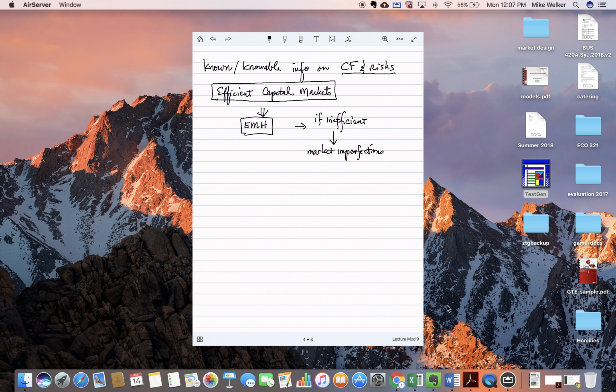It turns out there's no other proposition in economics and finance more heavily studied than the EMH. A tremendous amount of work has gone into an attempt to discredit this, and really there are some exceptions, but for the most part the evidence overwhelmingly supports the efficient markets hypothesis.